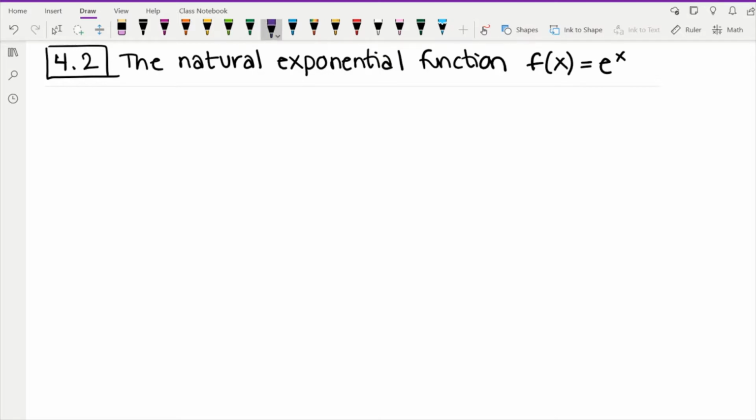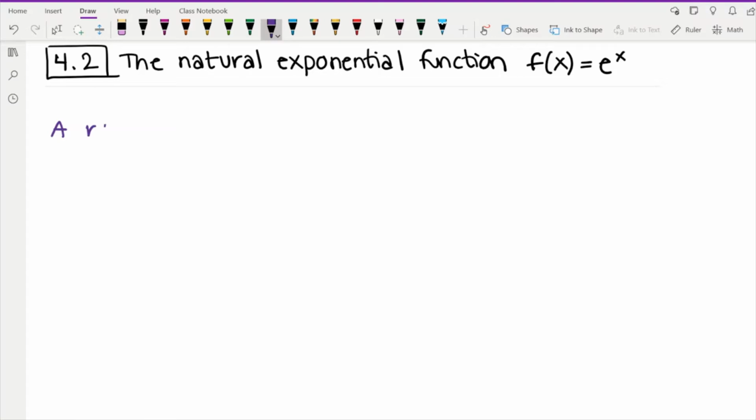So in order to understand what the number e is, we need to talk a little bit about two different types of numbers. This is something we actually did talk a little bit about earlier in the quarter when we were discussing rational functions. We talked about what rational numbers are, right?